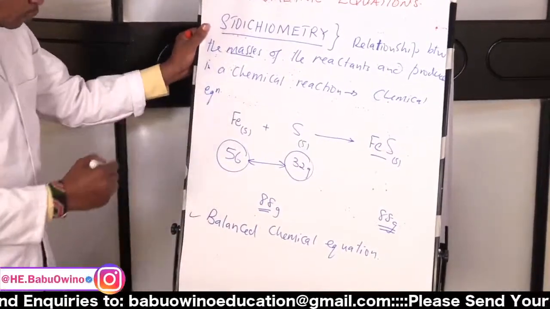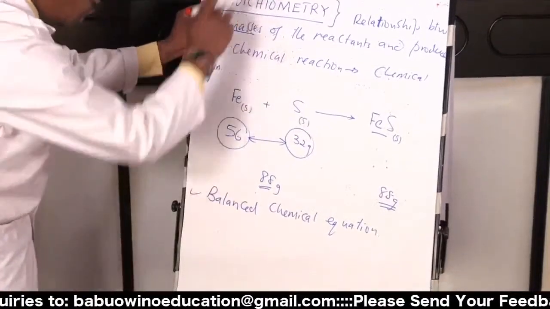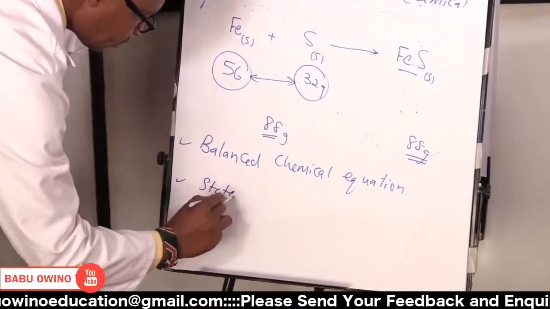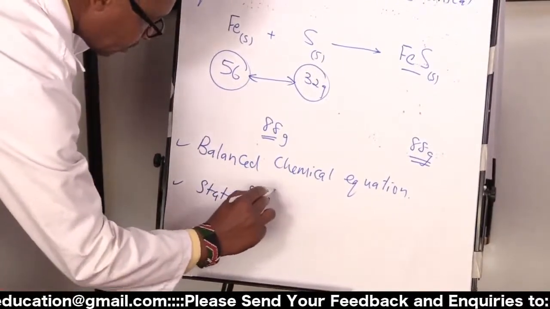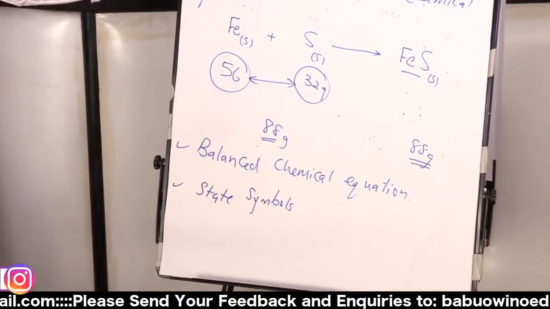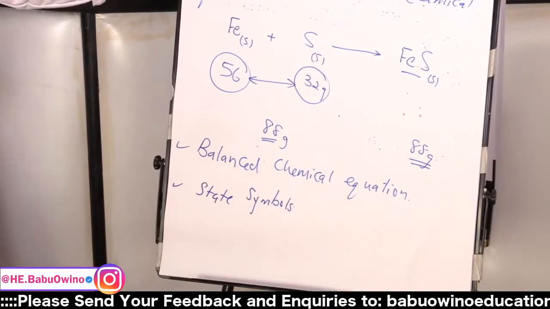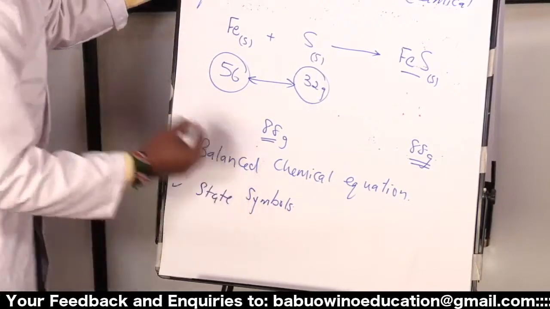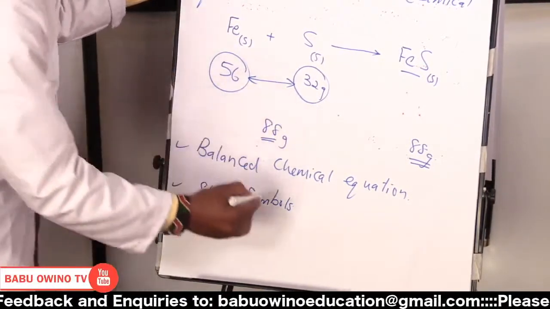Then the other thing we move to in stoichiometry is talking about state symbols. These are the states at which these elements and compounds are at room temperature. And which are these states?